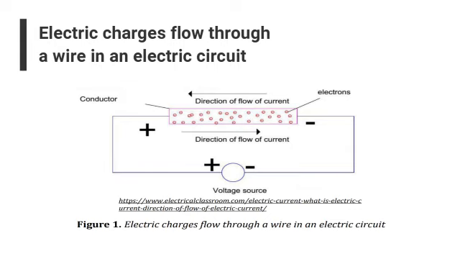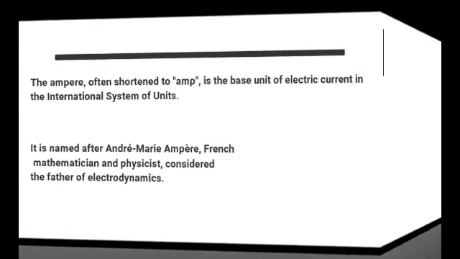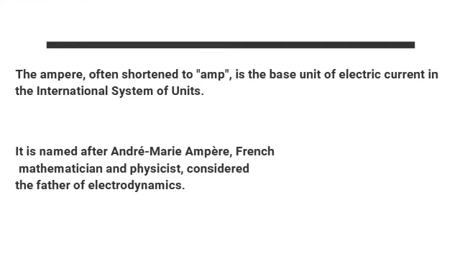From figure 1, we can see that electrical charges flow through a wire in an electrical circuit. The ampere, often shortened to amp, is the base unit of electric current in the international system of units.